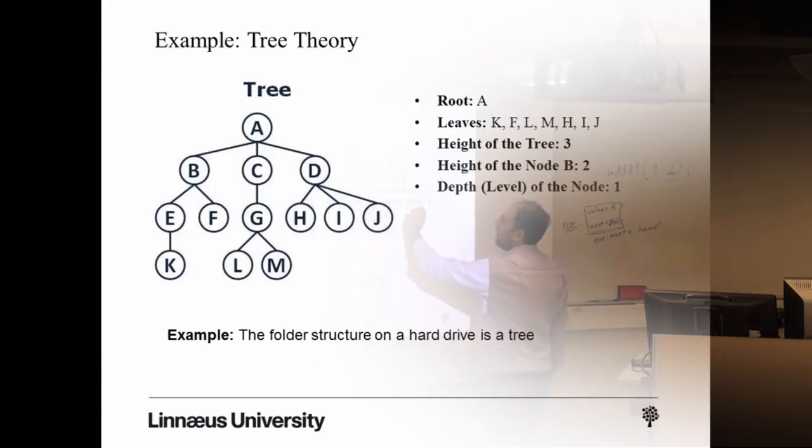And the depth or level of node B, here B is missing so I will fix that, is measured from the node to the root. If we measure the length from here to here, there is only one edge in between. So that's why the depth of the node is 1.